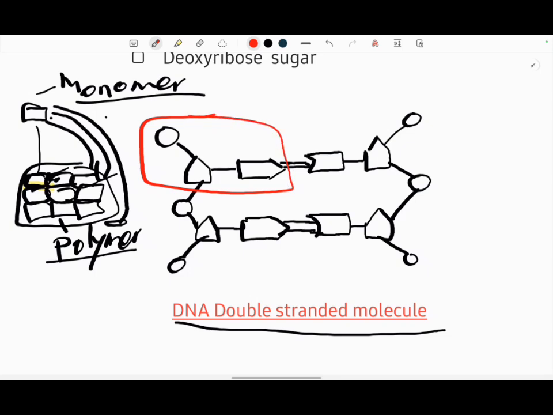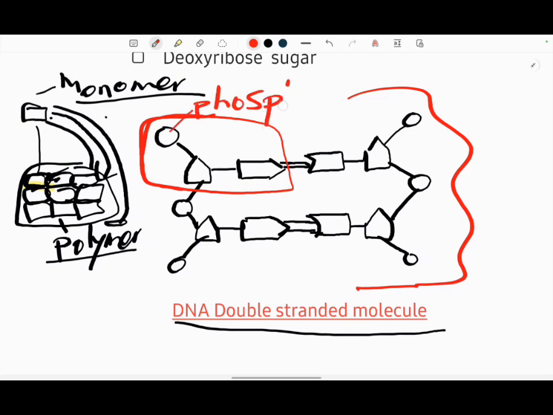This is a monomer. And the polymer is the whole structure that we see here, okay? So this monomer consists of a phosphate right there, and this is a sugar, and this is the deoxyribose sugar, and then over here we have the nitrogenous base.